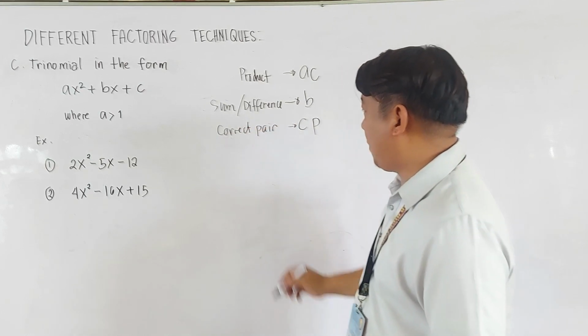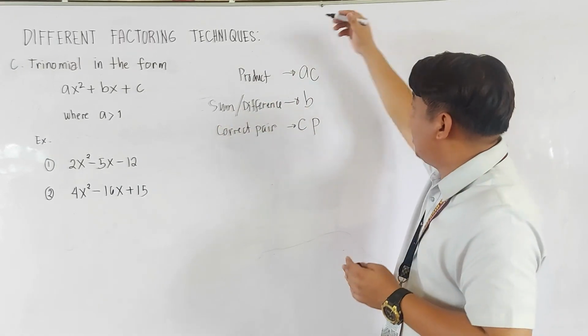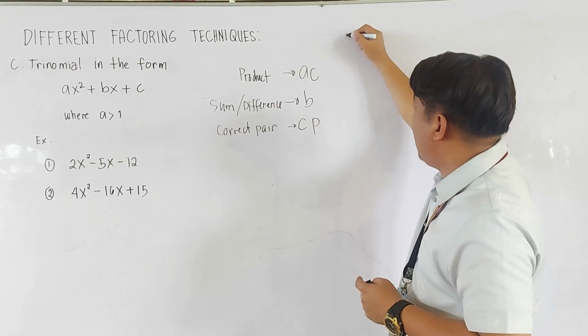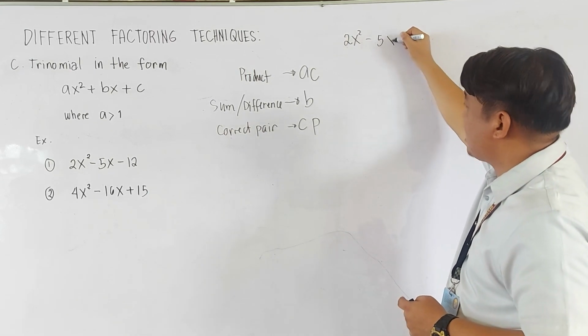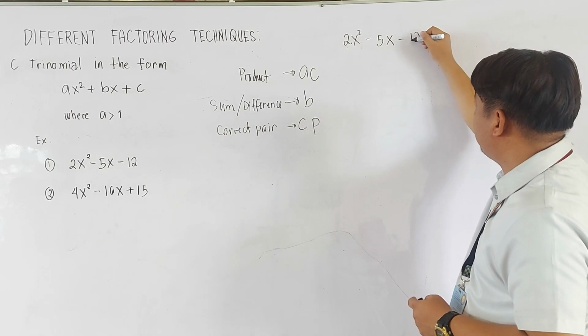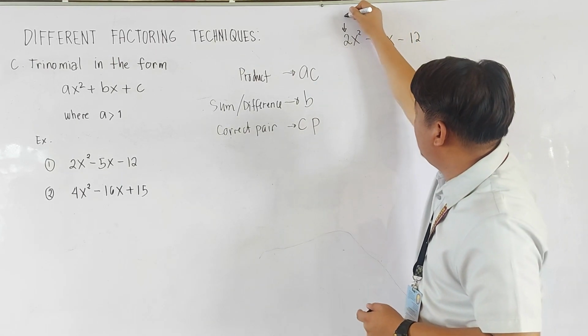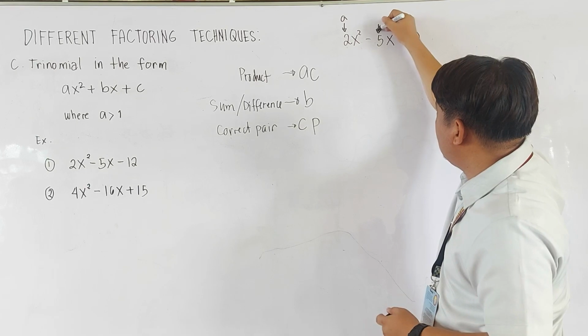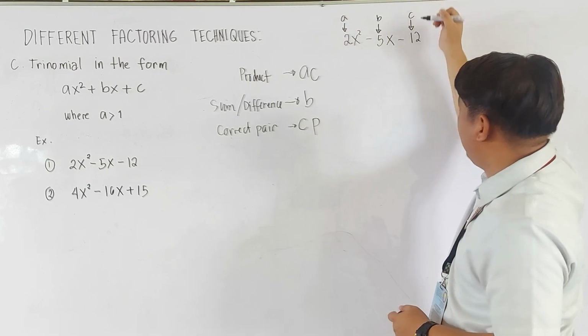Okay, correct pair. So, let's state the given example, which is 2x squared minus 5x minus 12. So, our A here is 2, and our B is 5, and our C is 12.